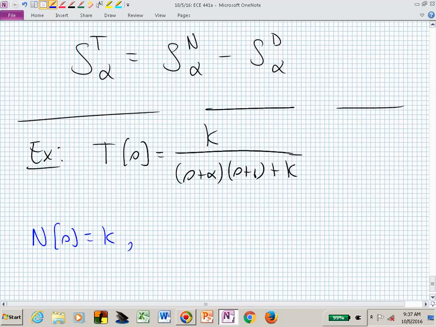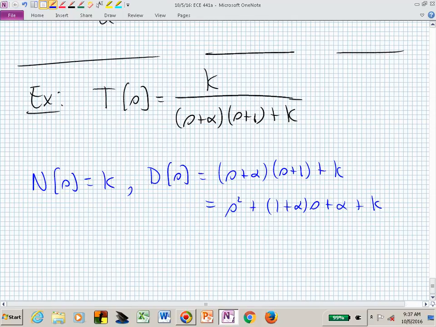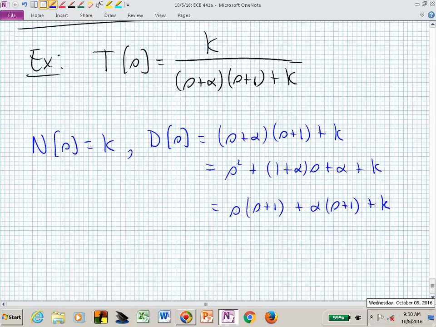The first one will be the sensitivity of the numerator with respect to alpha, and the second one involves the denominator, which I'm going to go ahead and distribute that product so that I now have s squared plus (1 plus alpha)s plus alpha plus K. Or if I wanted to, I could now say that that's s times (s plus 1) plus alpha times (s plus 1) plus K. Depending on what I want or need, maybe one of those expressions might be cleaner to take these derivatives with respect to.